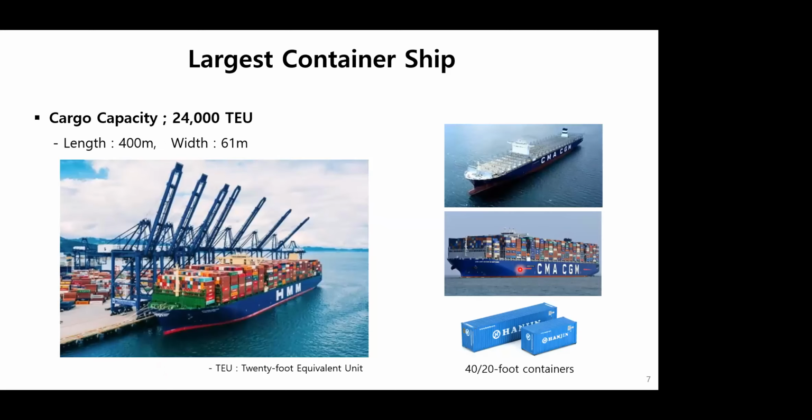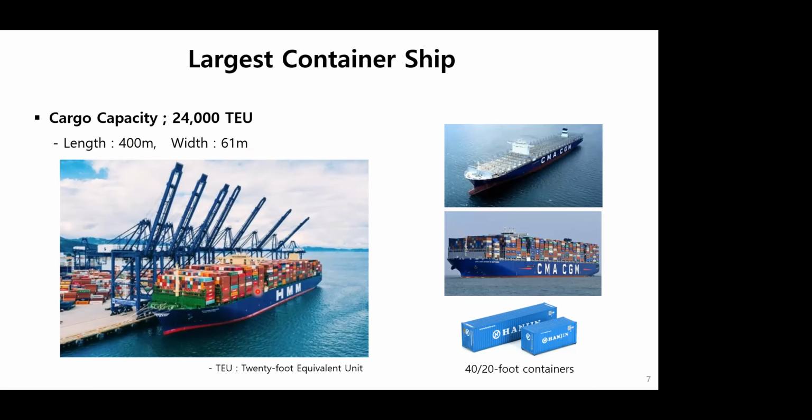By the way, how big is a general large cargo ship? Here is a good example showing how big it is. The largest container ship operating in the oceans currently, 400 meters long, about 60 meters wide.